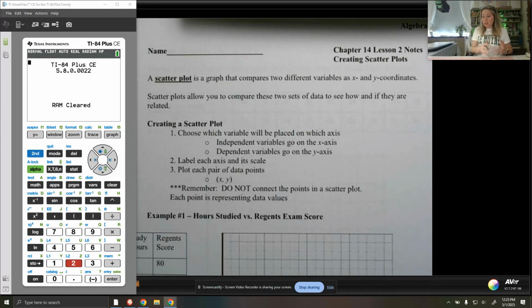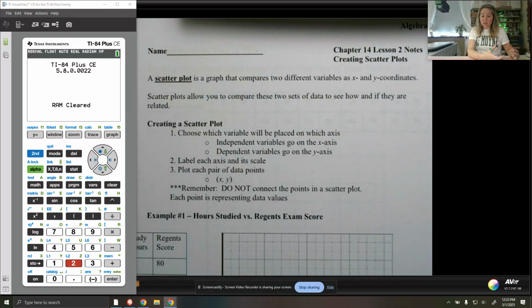And so what happens is the independent variable, whatever time has passed, whatever that particular piece might be for us, is going to go on the x-axis. That's going to be our x coordinate. Our dependent variable is going to be on the y-axis. That's the thing that we think depends on the other piece occurring.